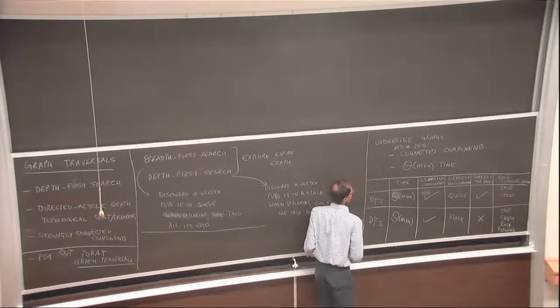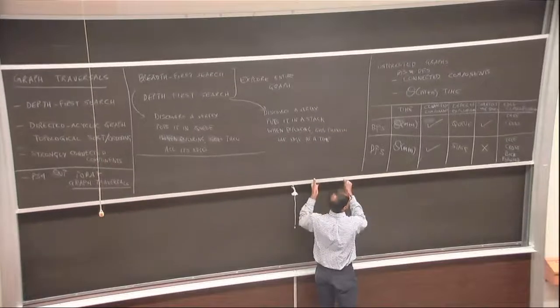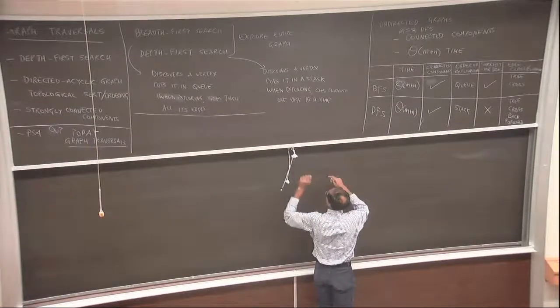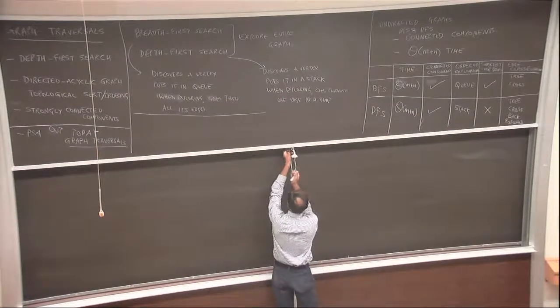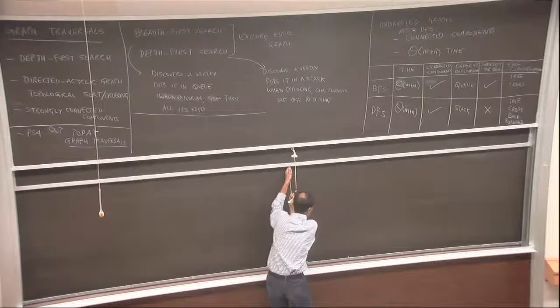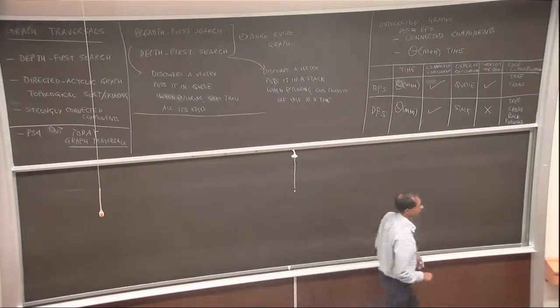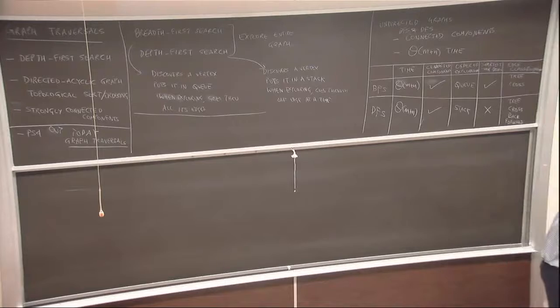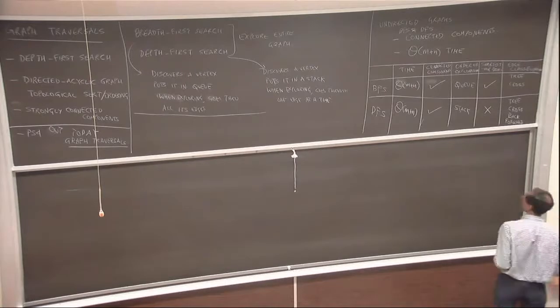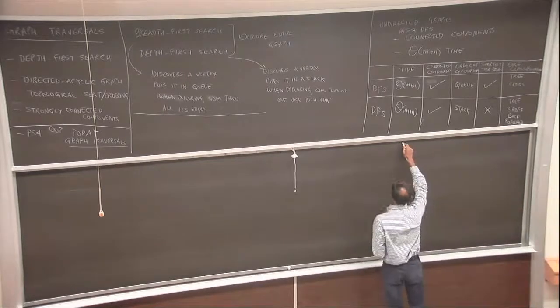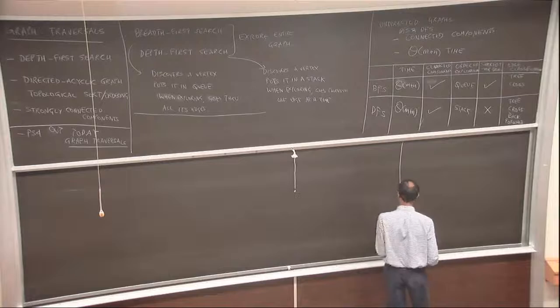So let's start by drawing an example, and we will do this example with depth first search. Let me give an example that we will use as a running example.